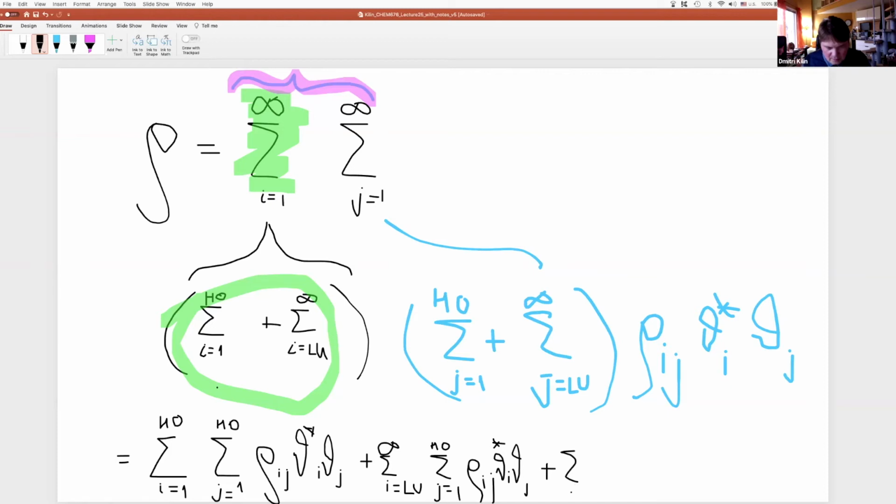Now I goes from 1 to HOMO, J goes from LUMO to infinity, rho I J theta I theta J. What will be the last term?